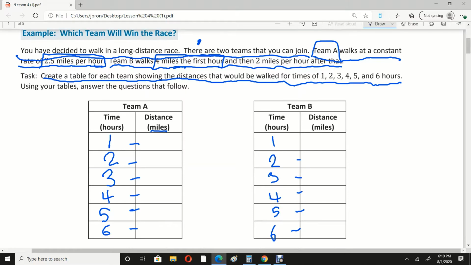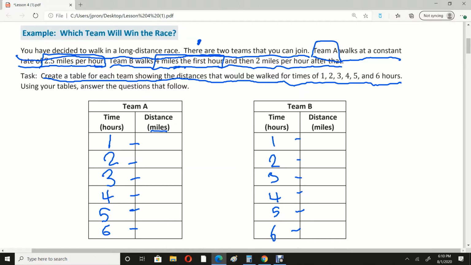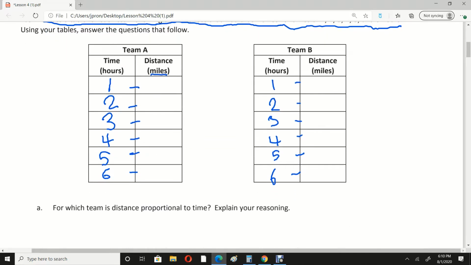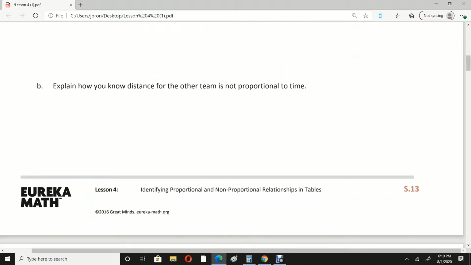So you are going to spend approximately 10-15 minutes on this exercise right here. Now you may be thinking that this isn't much to fill out, but if you're looking at the page, we have some questions to answer as well.